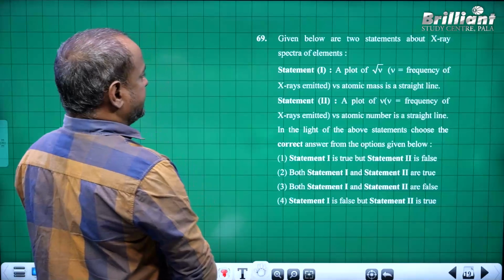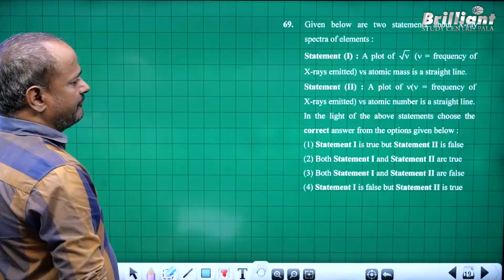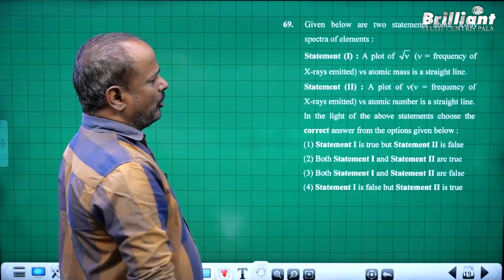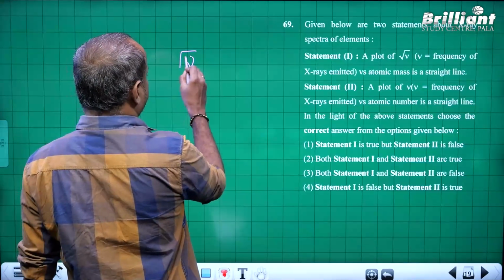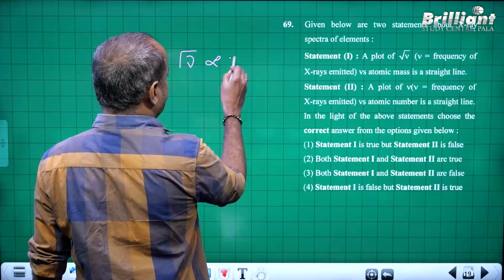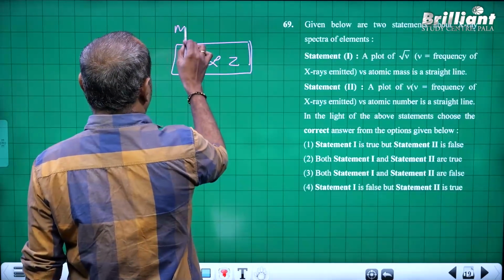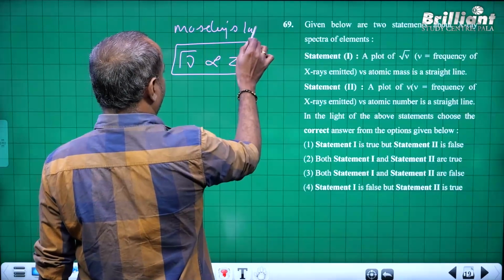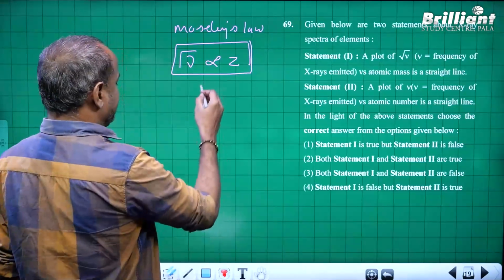Okay. Next, a plot of root nu versus atomic mass is a straight line. Moseley's law states that root nu is proportional to Z, the atomic number, which gives a straight line.